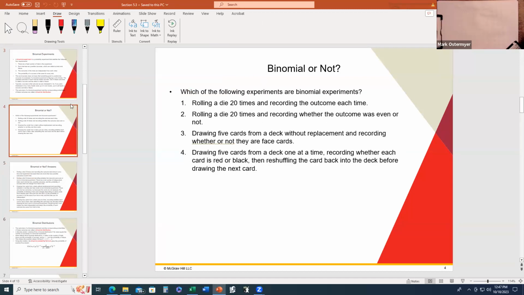Okay, so let's try a couple of these. Which of the following experiments are considered to be binomial experiments? Ladies and gentlemen, I'm going to call this classwork number 1. I'm going to help you out here.